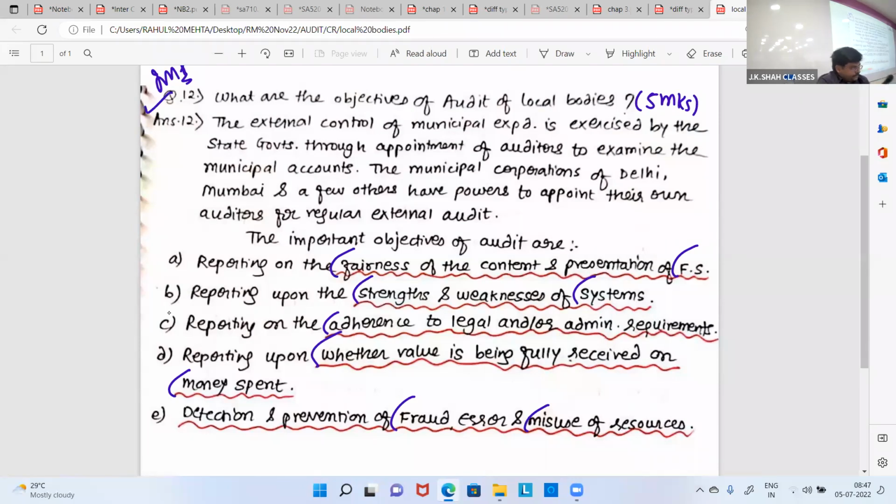Copy. Optimum utilization of resources. From standard 11, the only advantage that you know.